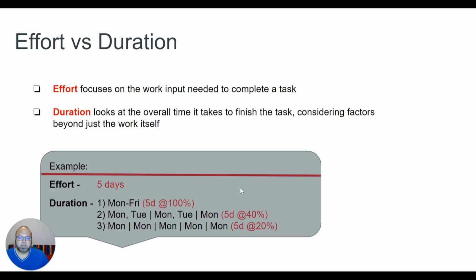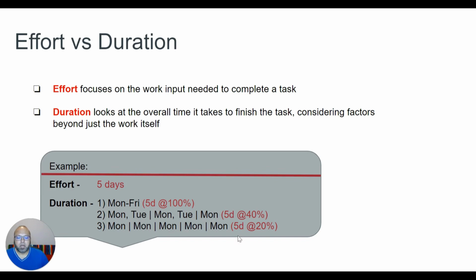If I say this task will take 5 days to complete, now if I was to take the first example, I could work Monday to Friday, that's 5 days at 100%, and I can finish the whole thing in 5 days. If I'm not 100% allocated to the project, I'm only say 50% or 40%, I could work on Monday, Tuesday every week, and then I'll finish it by the third week on Monday.